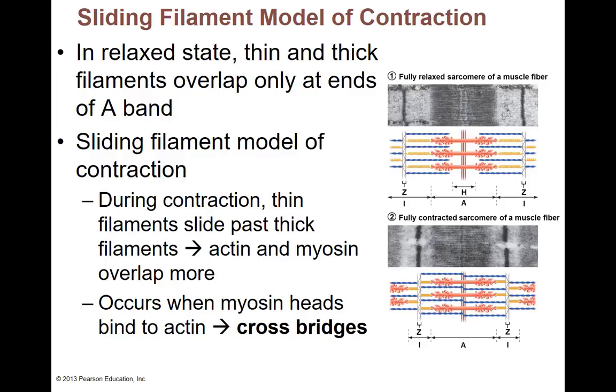However, if I contract and those myosin heads grab onto them, the actin is going to get closer and closer and closer. And so those blue lines, which were really far away from each other, are now almost touching each other. And so this sarcomere has now shortened.